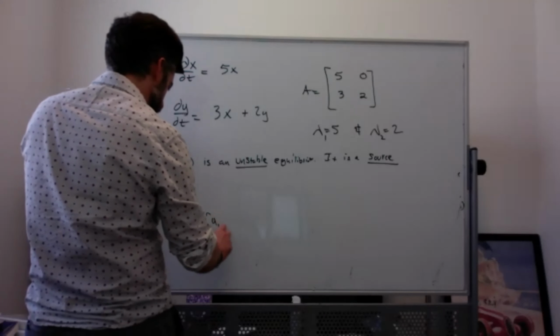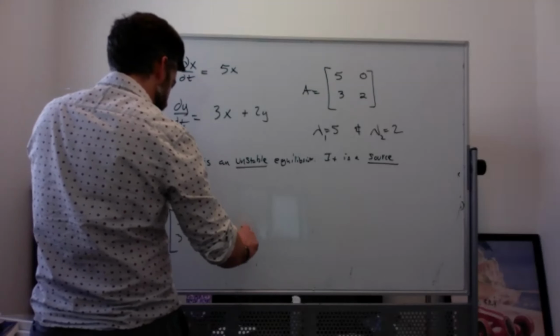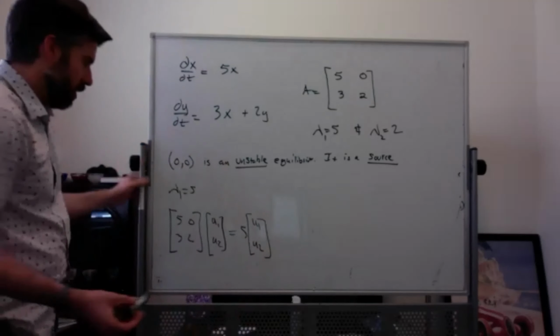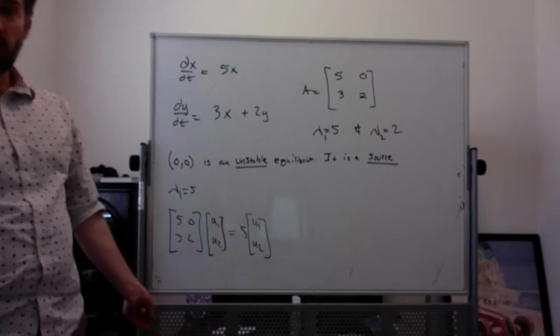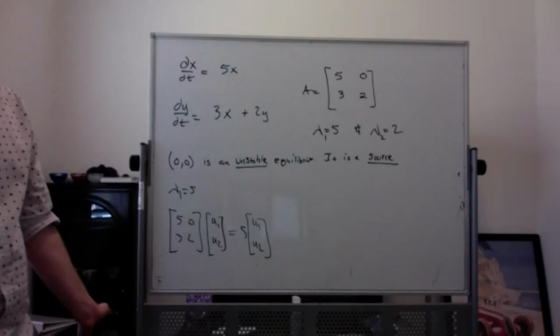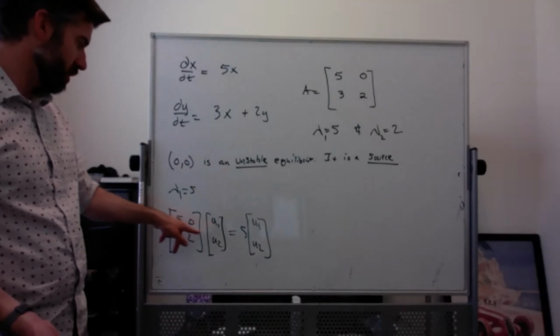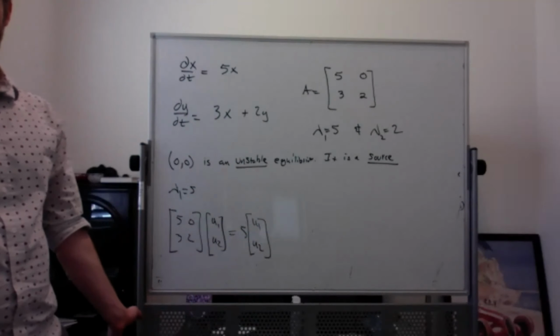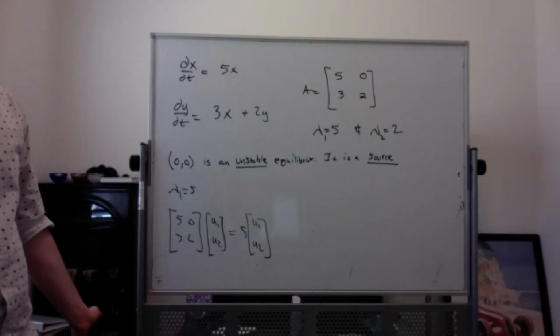u1, u2 equal to 5 times u1, u2. And you can see here that the first row is going to tell you nothing, because you're going to have 5 times u1 plus 0 times u2 equals 5 times u1. 5 times u1 equal to 5 times u1 is true, but not informative.